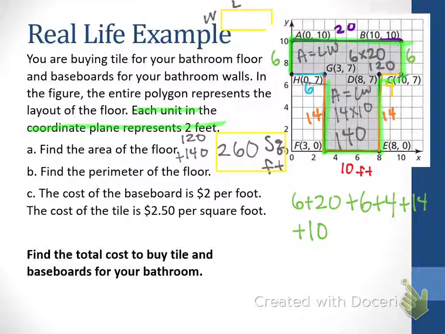So you do get 80, and it's just feet, because perimeter is how long the room is around the edge. So 80 feet.